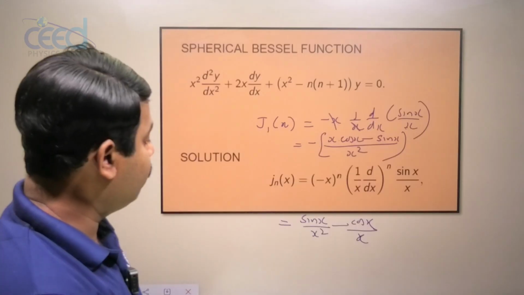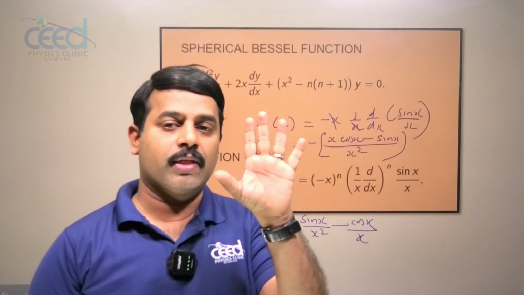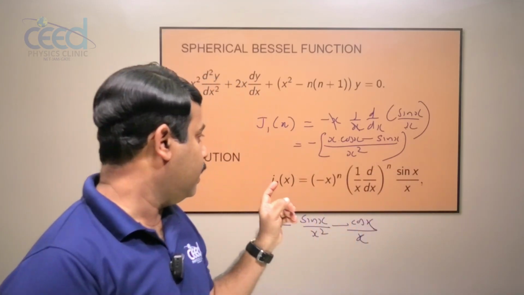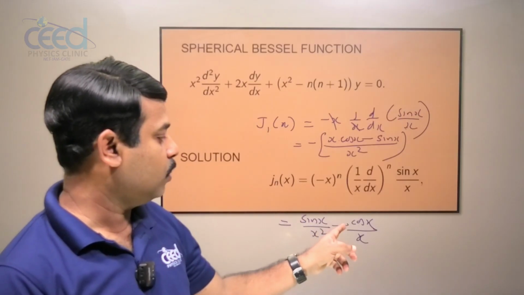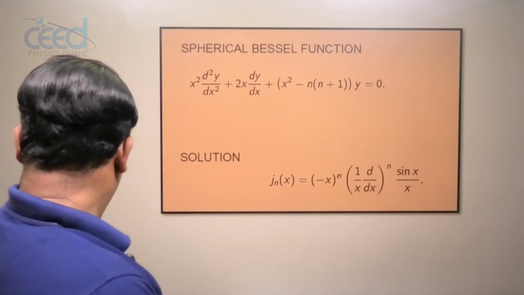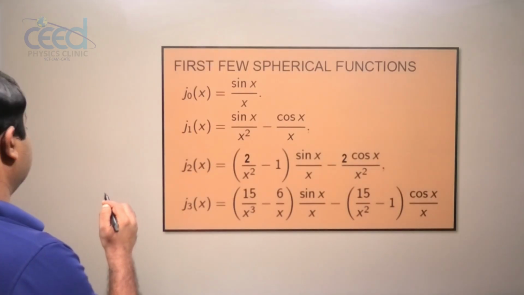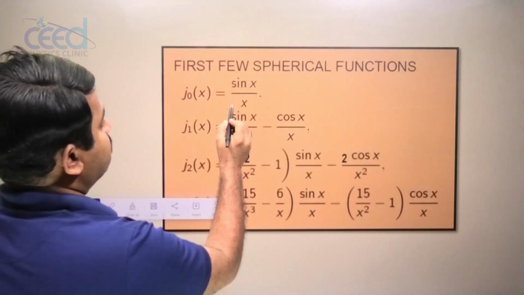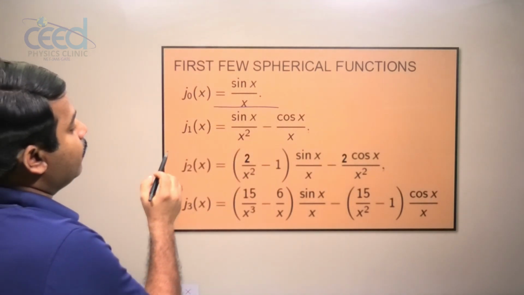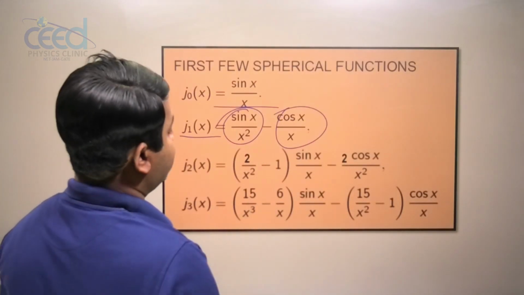Alright. Then j0 of x, the zeroth spherical Bessel function, value is sin x by x, and j1 of x is sin x by x square minus cos x by x. So let us see, in the given list, j0 of x we have already seen: sin x by x, and j1 of x, that is sin x by x square minus cos x by x.